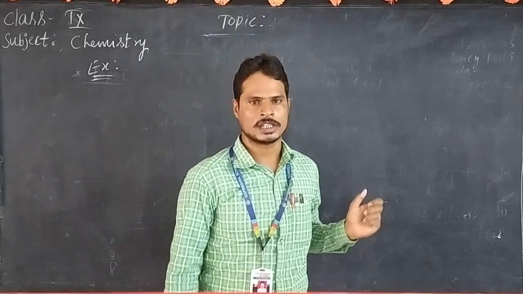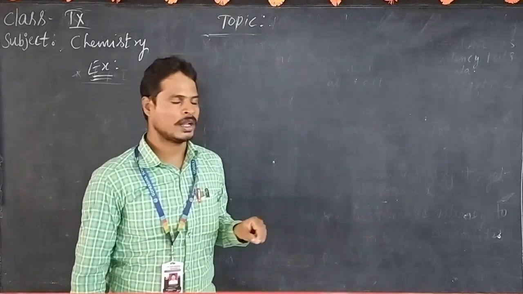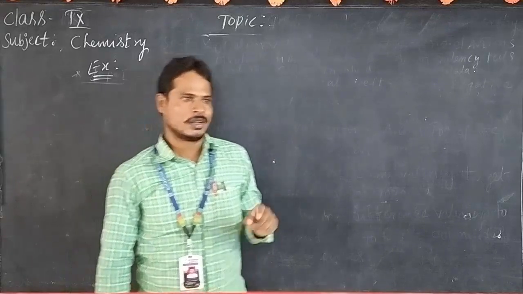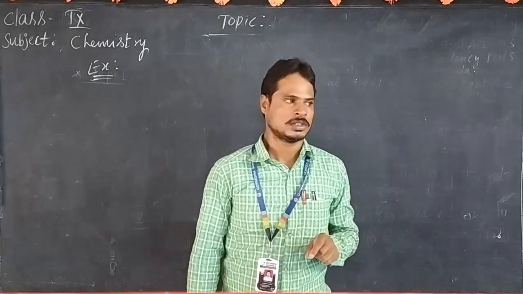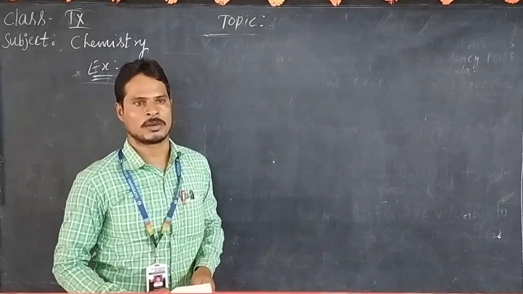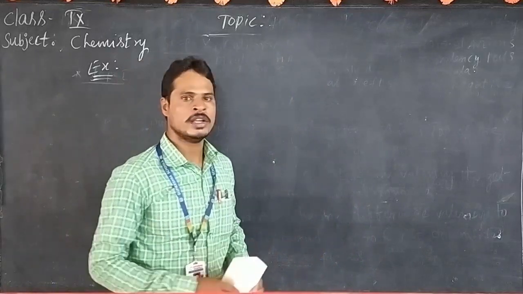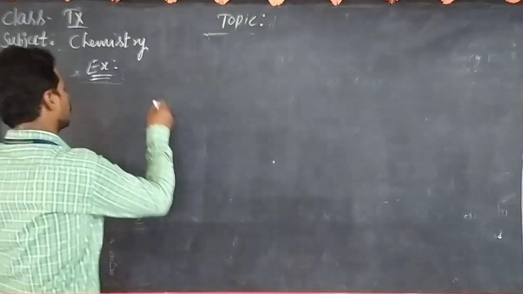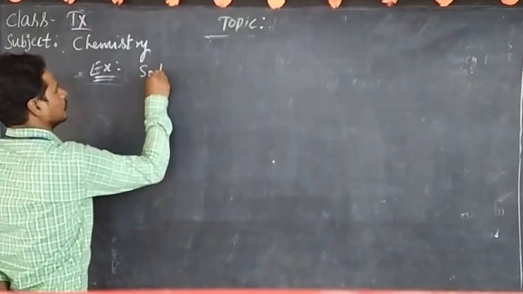By using the crisscross method. But how can you write it by the crisscross method if you don't know the cation charges and anion charges? We should not make chemical formulas. That's why you should learn the cations and anions list perfectly. Now check it. Sodium chloride.